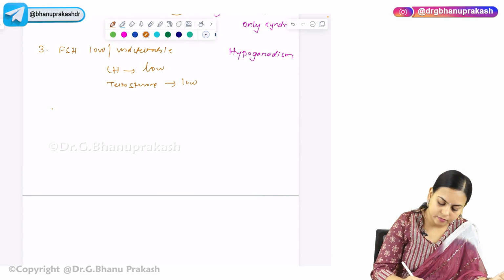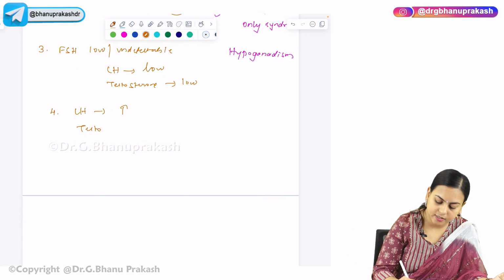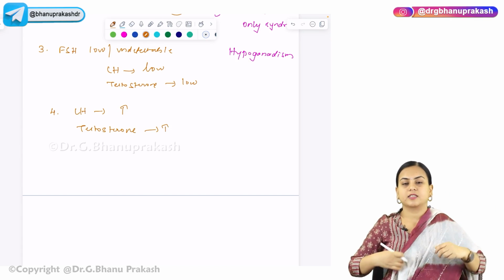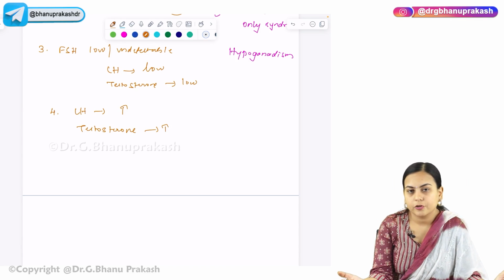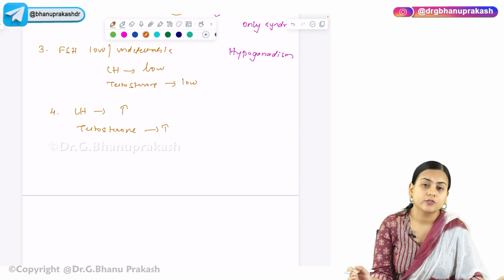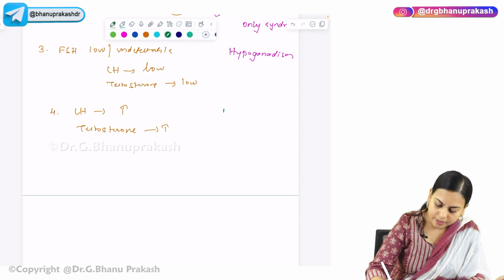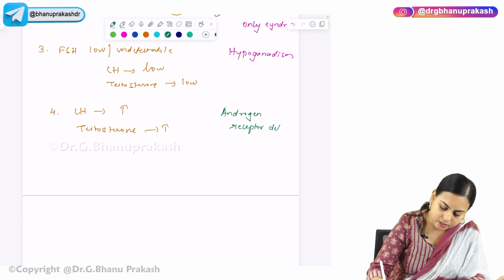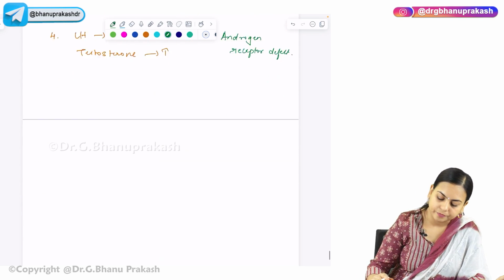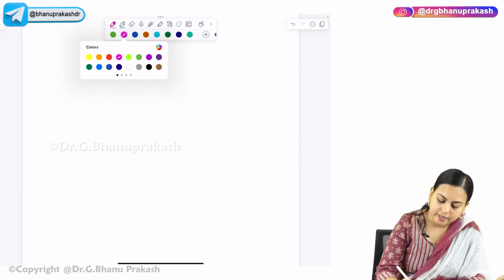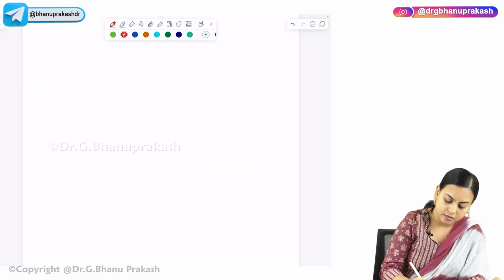And the next one is, suppose the LH is high as well as the testosterone is also high, but still the male is having infertility. What do you suspect in this case? Yes, the hormones are produced normal. Whenever a hormone is produced, it is going to act on a cell, and in the cell specifically on the receptor. So, there is a receptor defect. So, there can be an androgen receptor defect. Clear?